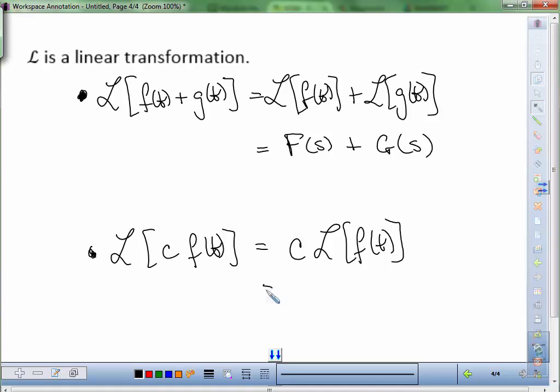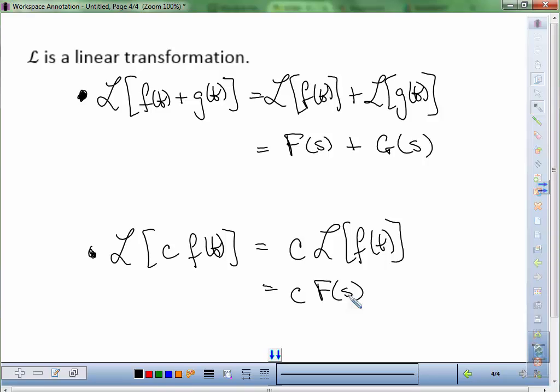So basically, like Becca said, the Laplace of the sum is the sum of the Laplace transforms, and the Laplace of a constant times a function is the constant outside times the Laplace transform. So this gives us a way to deal with a polynomial, a sum of things, because L, the Laplace transform, is a linear transformation. And that's always a nice thing.